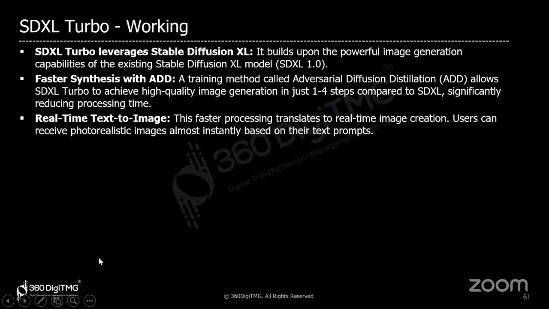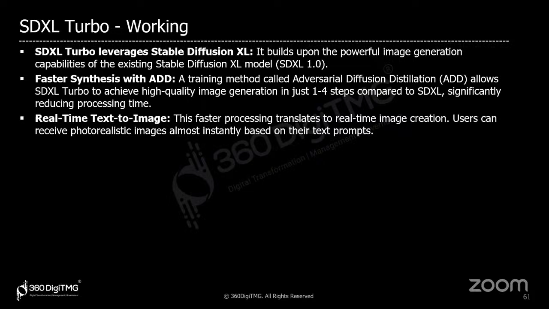Now, let's see how it works. SDXL Turbo leverages stable diffusion XL models. It builds on the powerful image generation capabilities which the existing stable diffusion model has, and it also acquires faster synthesis with ADD.